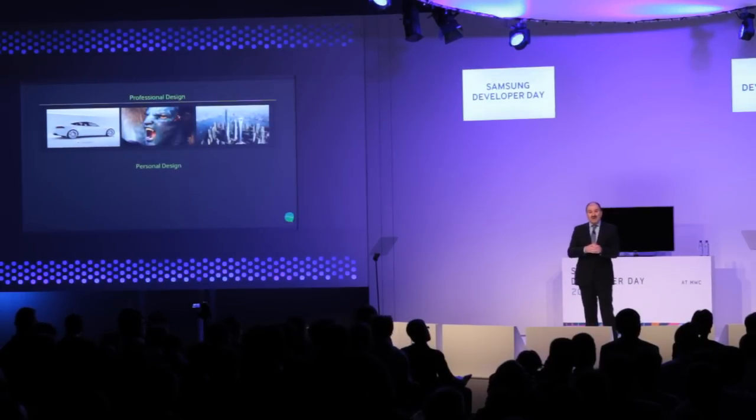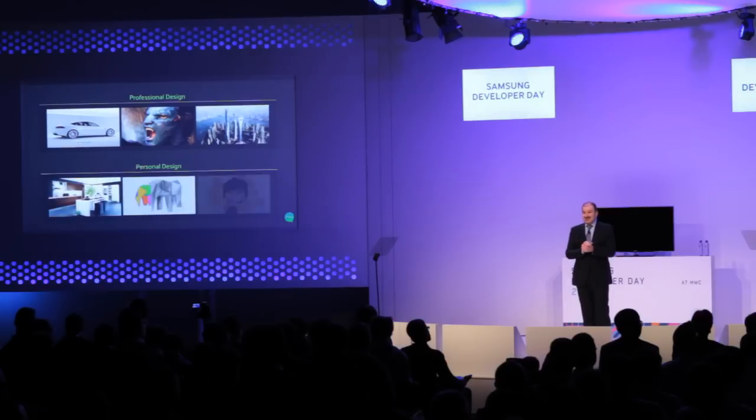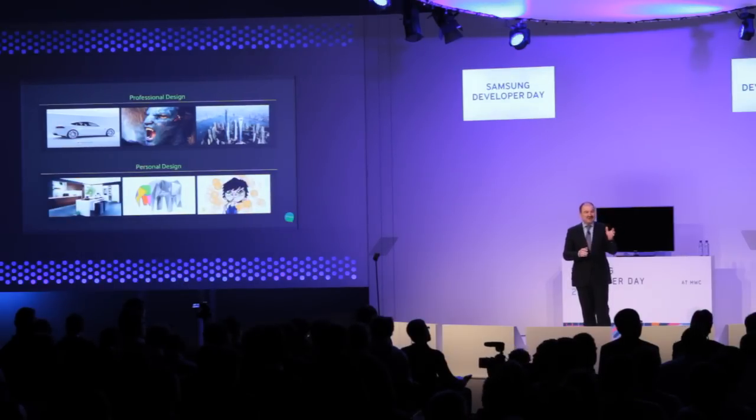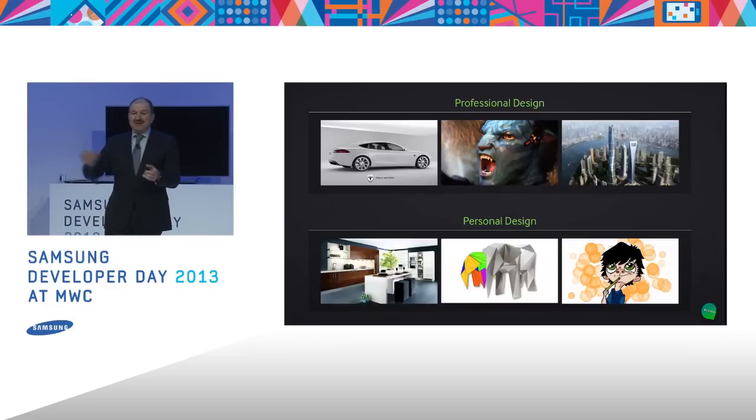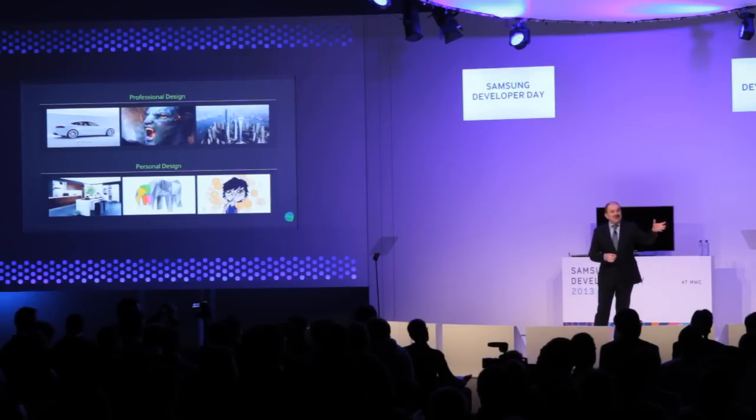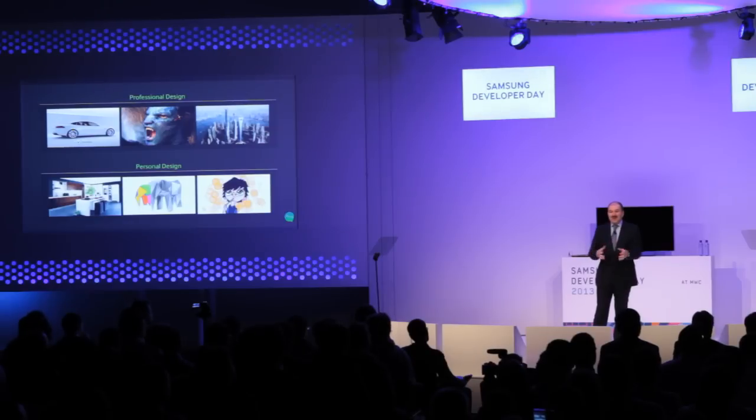So if you look at our traditional markets, whether it's architectural, manufacturing, or film and game, there's a parallel from a consumer perspective. For architecture, there's home and home decoration, and we do that with Home Styler.